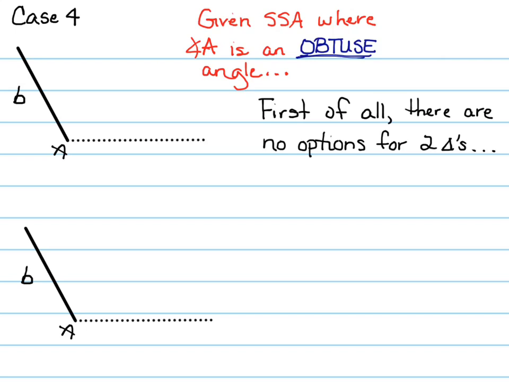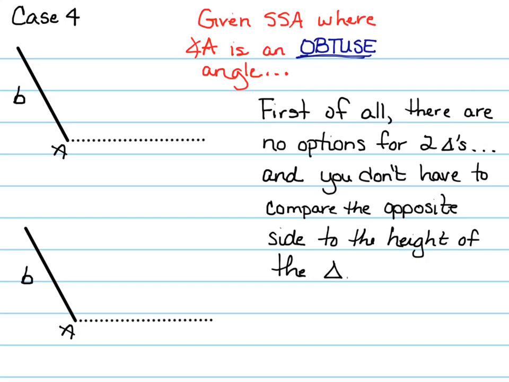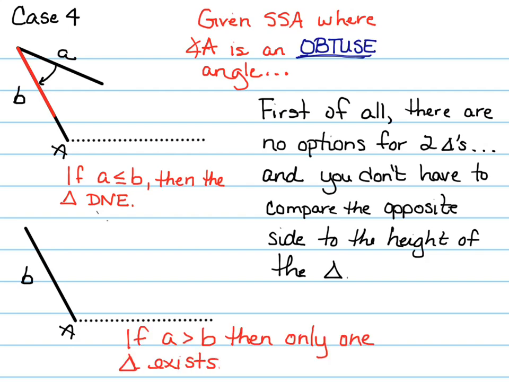You can, however, have a situation where the side is not long enough. So if side A is shorter than or equal to side B, then the triangle won't exist. Again, you can swing that arm down and see that when it maps itself to side B, it's not going to form a triangle, it's just going to be a straight line. So again, if side A is less than or equal to side B, then a triangle will not exist. The second case scenario is if A is longer than B, then one triangle will exist.